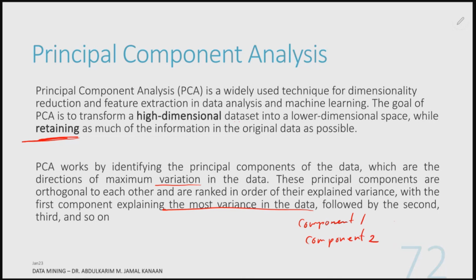Component 1 will have the major information that you got after squeezing, let's say, the 5 features. Component 1, let's say, will contain 90% of the information from the 5 features. Component 2 may be only 10% or 5%. Understood? That's why it says here, with the first component explaining the most variance in the data, followed by the second, third, and so on. Okay?